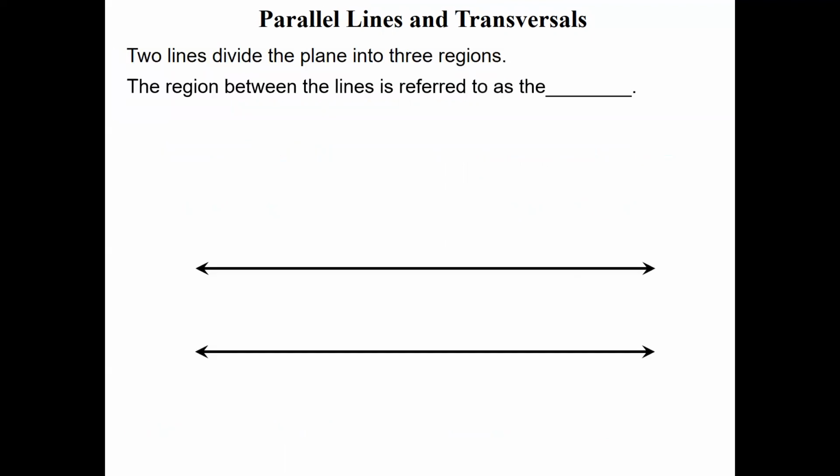Two lines divide the plane into three regions. The region between the lines is referred to as the interior. So that first blank is going to be interior. The interior is the area between your two lines.